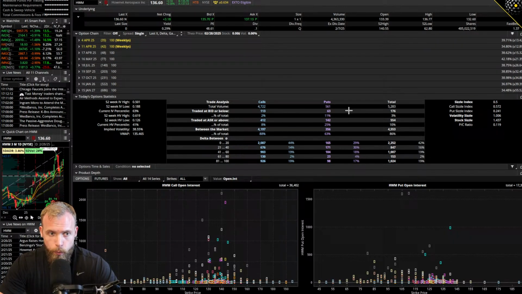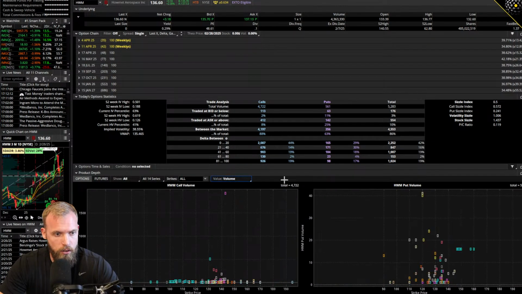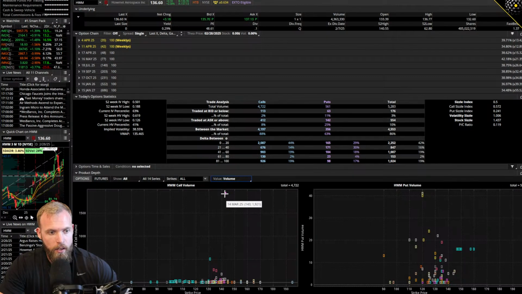Another interesting question is, I wonder what expirations this volume happened in, and is this same breakdown prevalent in the individual expirations? So we can take a look at the total volume and eyeball what expirations got the bulk of this volume. Well, I can tell you from the call side, the bulk of that volume came in at the 14 March 143s.